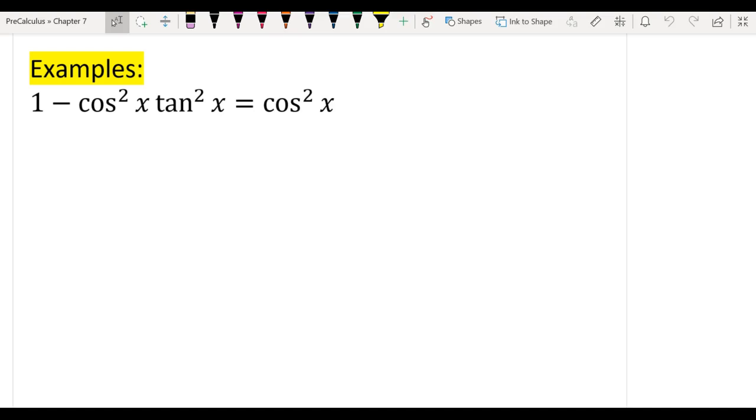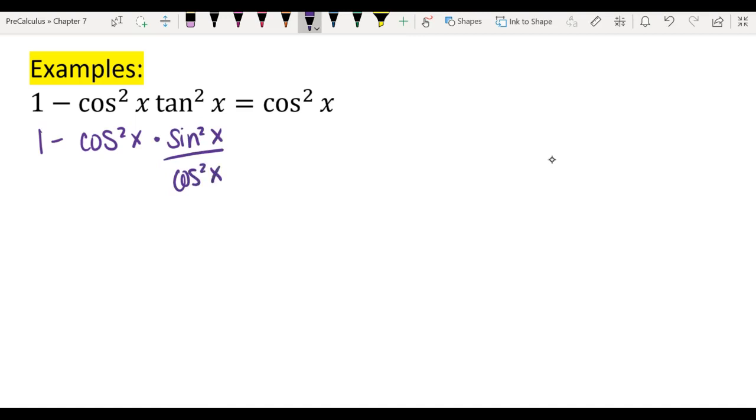Since tan is squared, if we square tan on this side, it means both of these are going to be squared on that side. Okay, so we're going to change this to 1 minus cosine squared of x times sine squared of x over cosine squared of x. And we're looking for that to equal cosine squared of x.